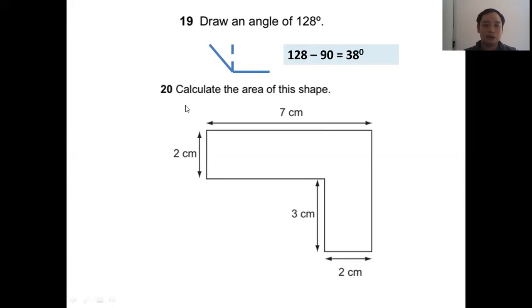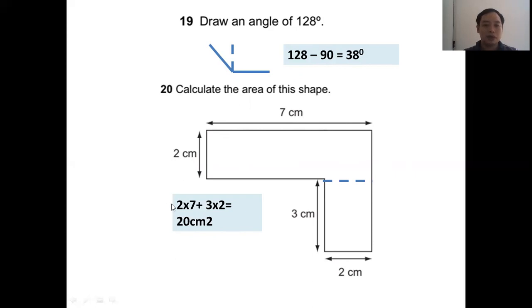Question 20. Calculate the area of these shapes. You have this shape. To find the area of this shape, you can divide it into two rectangles. One has a width of 2 centimeters and a length of 7 centimeters. Another also has a width of 2 centimeters and a length of 3 centimeters.